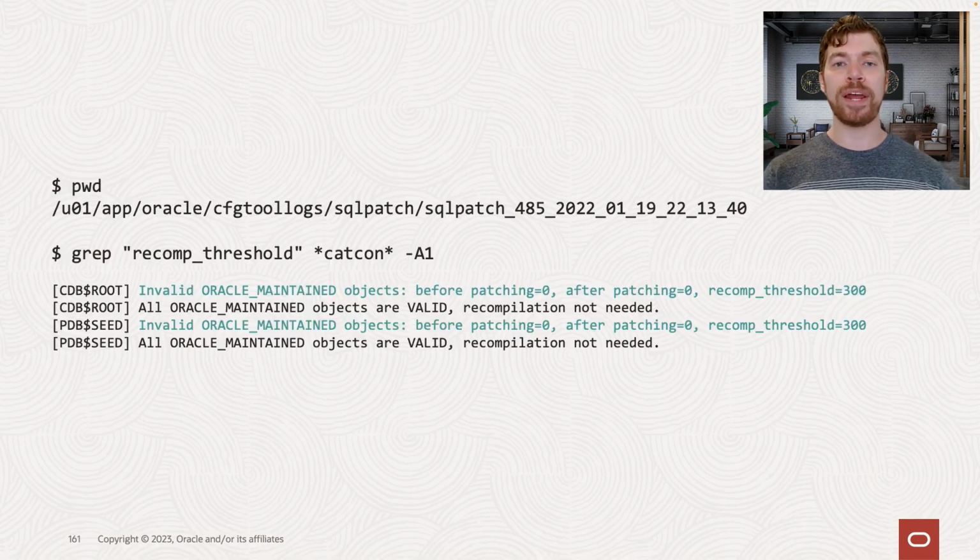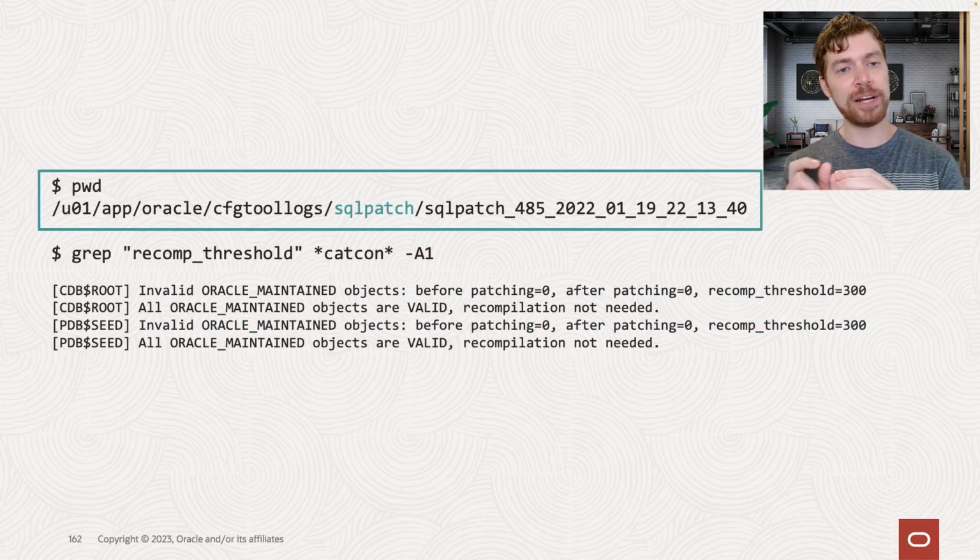A very good way for understanding what's going on regarding recompilation is opening this log folder, the sqlpatch folder, and then you will have a subfolder with the sqlpatch execution time. You open it and you do this grep using recomp_threshold in all catconf files.